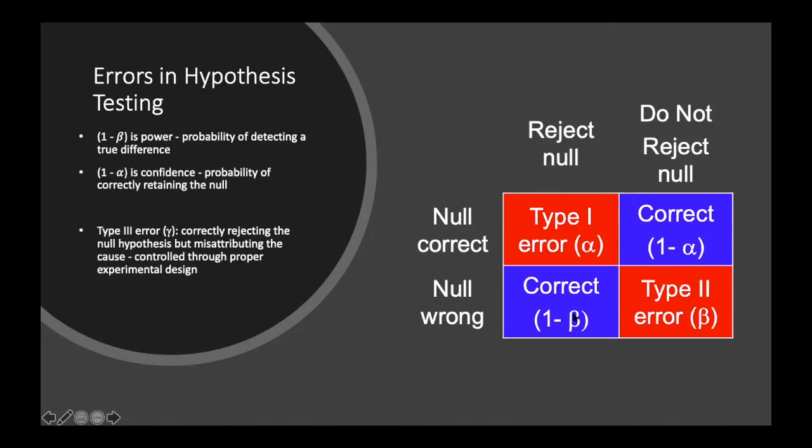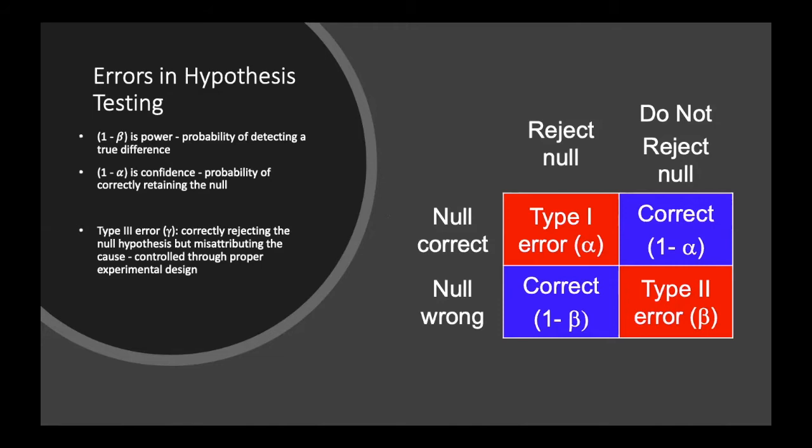And we can refer to these two scenarios where we might be correct as referring to statistical power, or the probability of detecting a true difference, and statistical confidence, the probability of correctly retaining the null hypothesis.